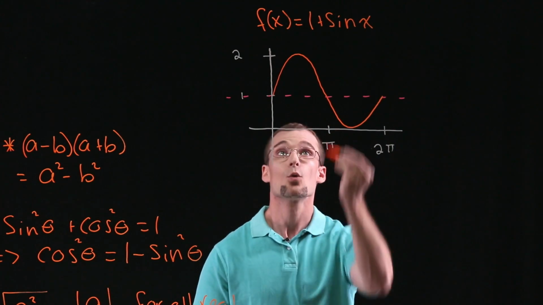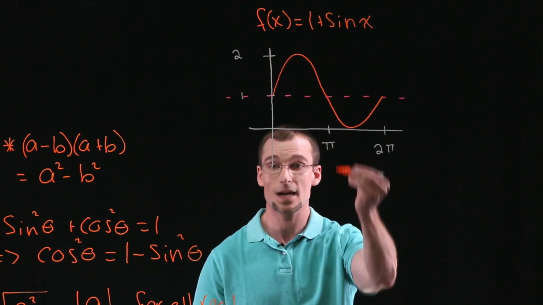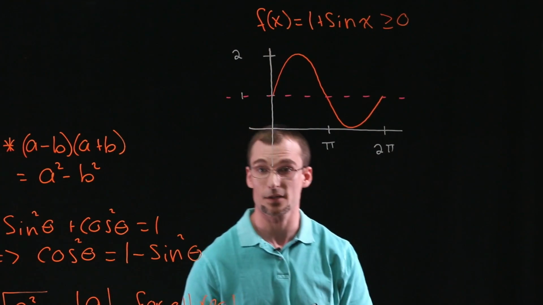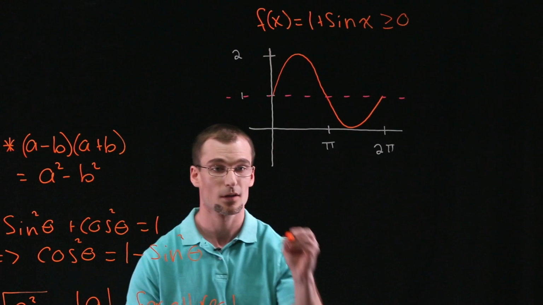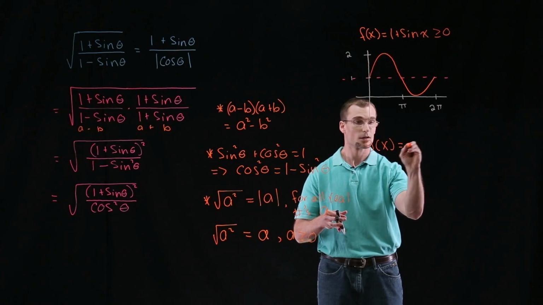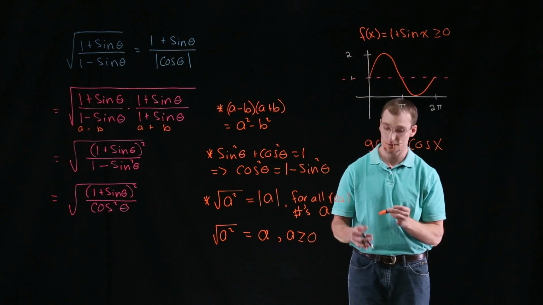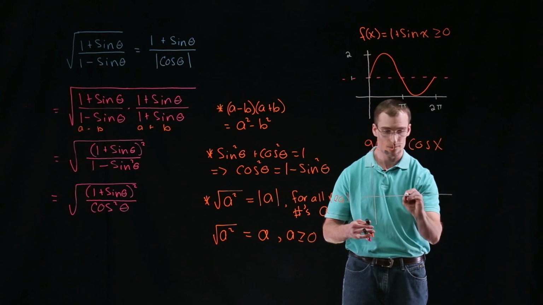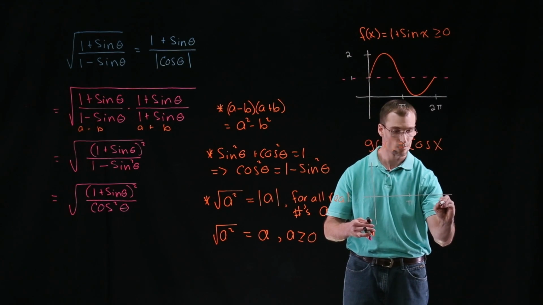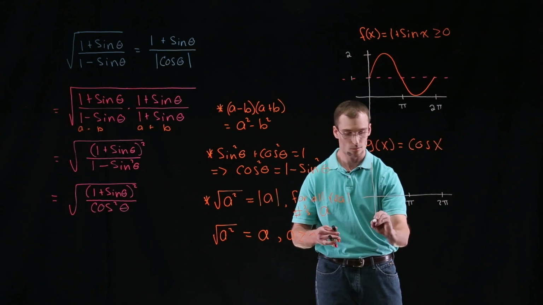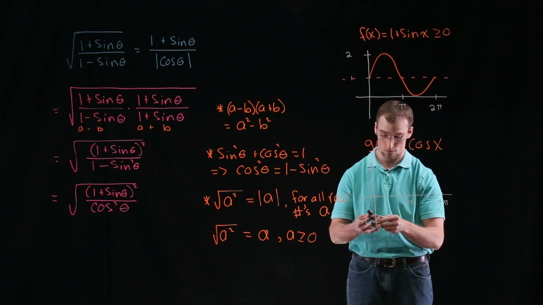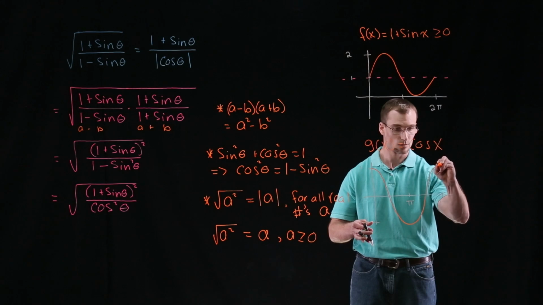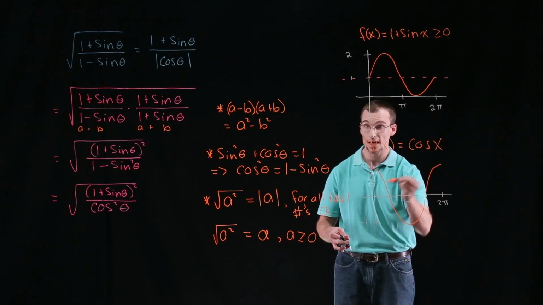What's important about that? We see that the graph of 1 plus sine of x does not go below the x-axis, so this function is never negative. And of course, if we look at the graph of cosine of x, we see that it can be both positive and negative.